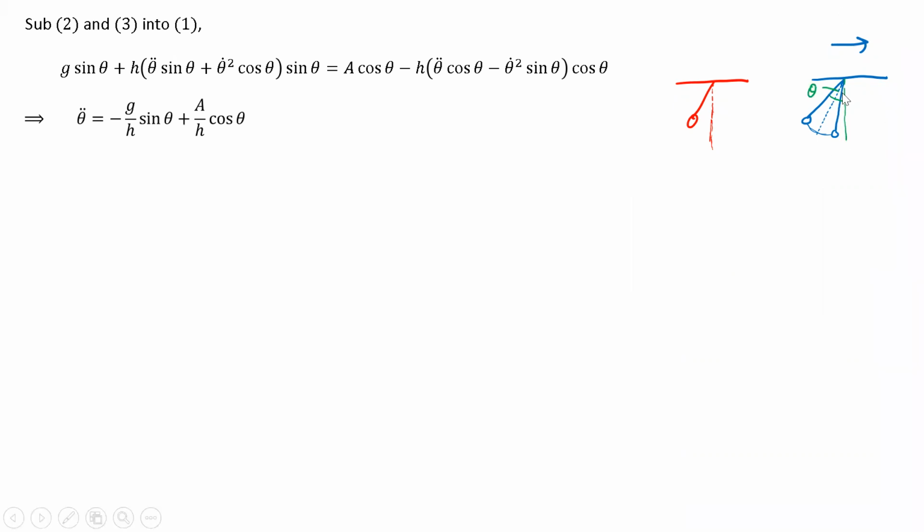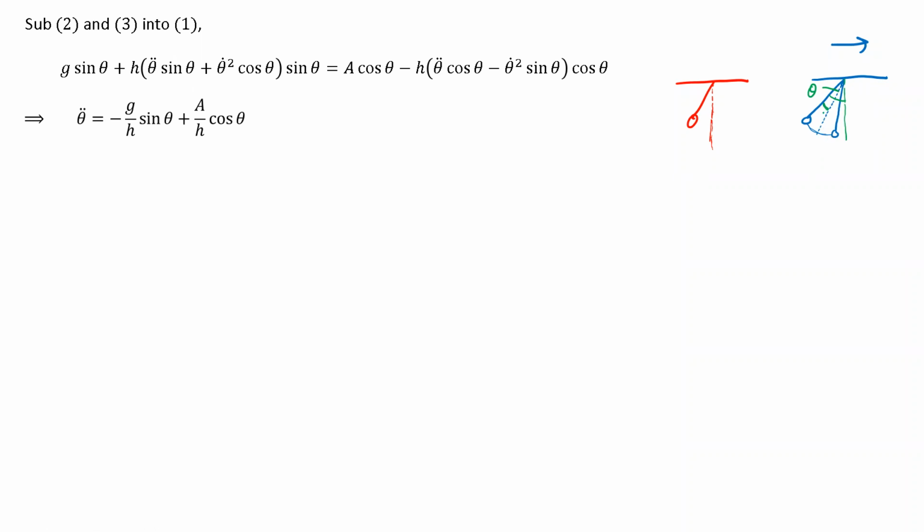That's not a convenient choice actually. So instead, I'm going to use this angle to be our variable. You can see that this angle is the angle between my string position and this equilibrium position dash line.